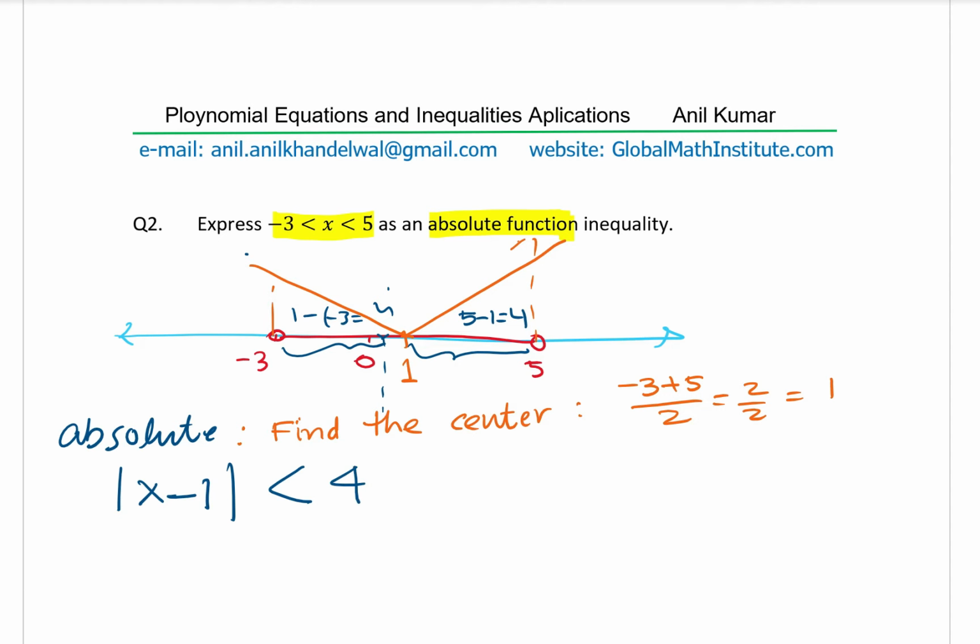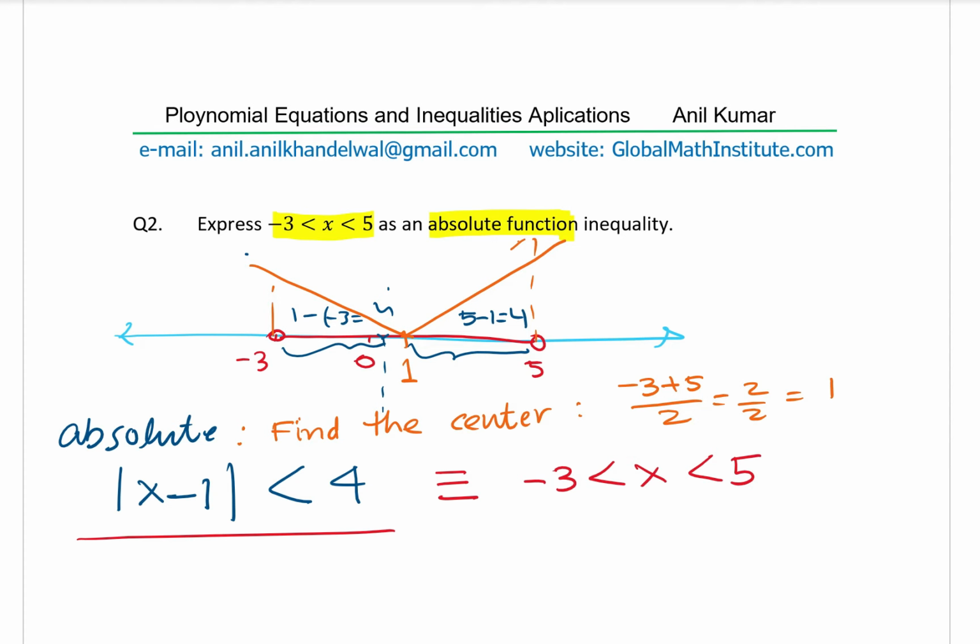So that is how you are going to get your absolute function equivalent. So that becomes your answer, right? So exactly, this represents the inequality minus 3 is less than x is less than 5. Did you understand these steps?